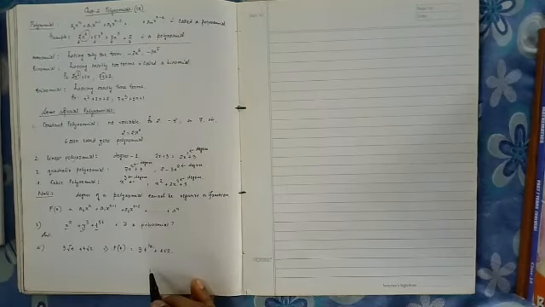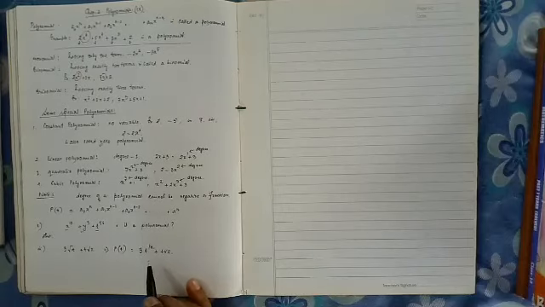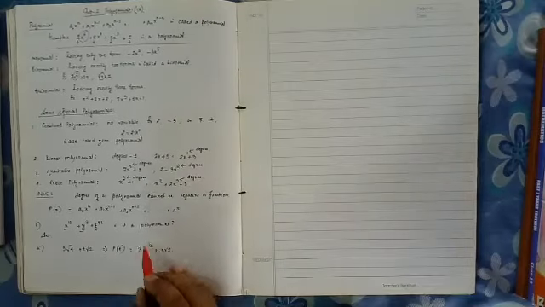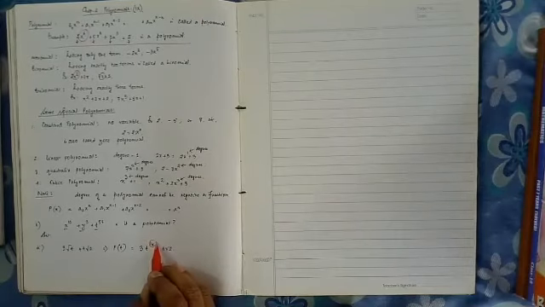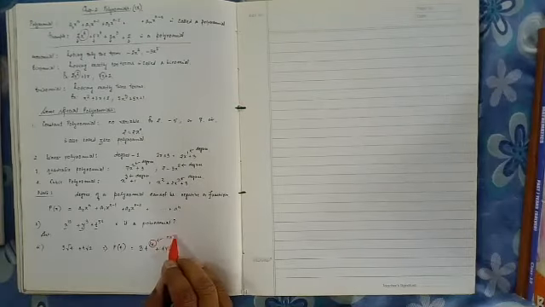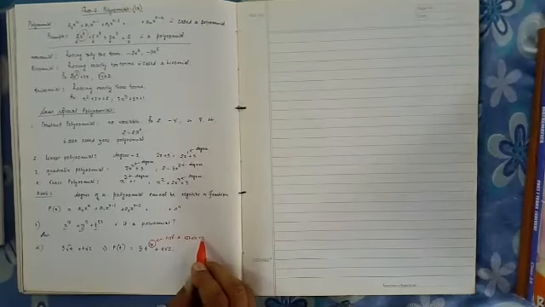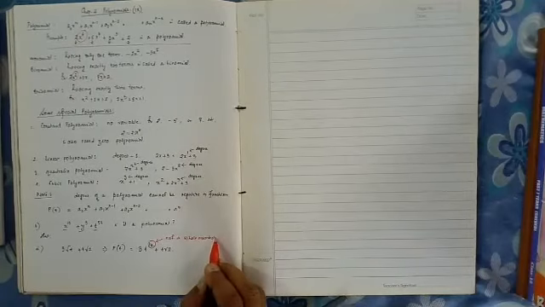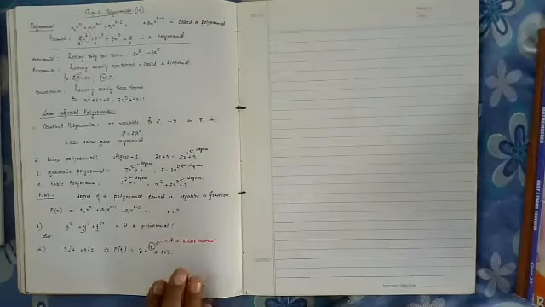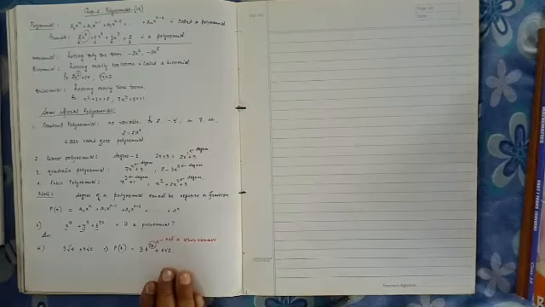No. This is not a polynomial. The degree or power of the variable should be a whole number. What we see, the power of the variable is half, not a whole number. Therefore, this is not a polynomial.